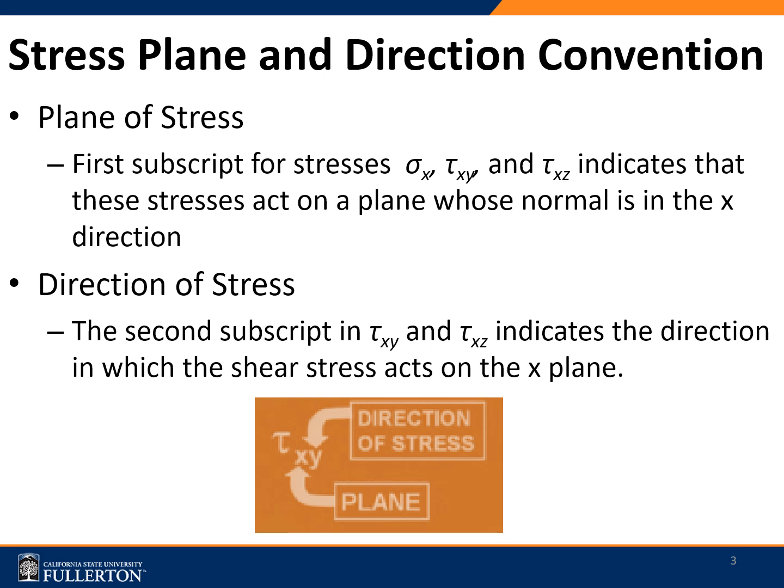Here we have three stress components, the sigma sub x, the tau sub xy, and tau sub xz. There are three stress components which are acting on the plane whose normal will be in the x direction.